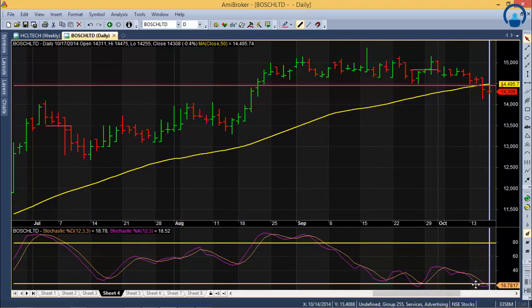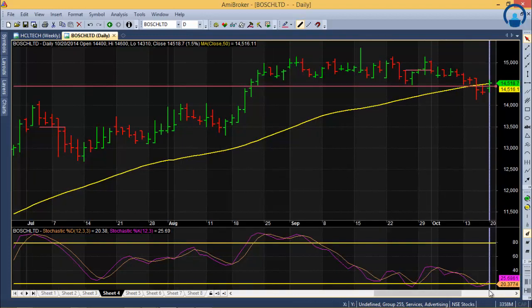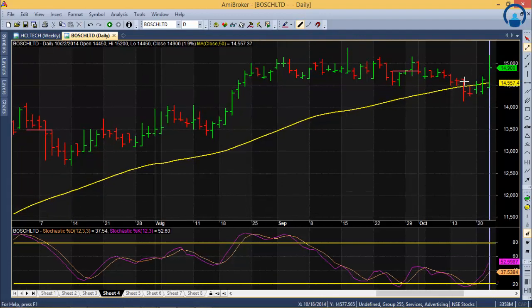Stochastic has again reached the zone of oversold. Stochastic gives a buy signal, a bullish crossover. We will buy into this chart at this level. The idea is the same, stop loss here. We will sell once this reaches the level of overbought.